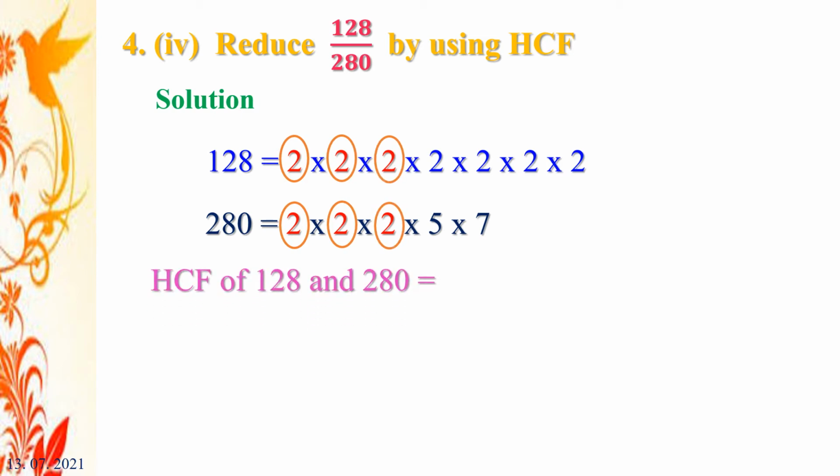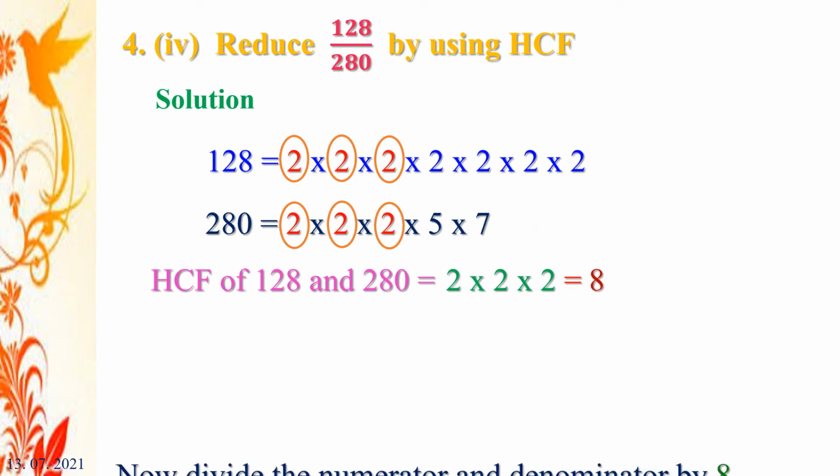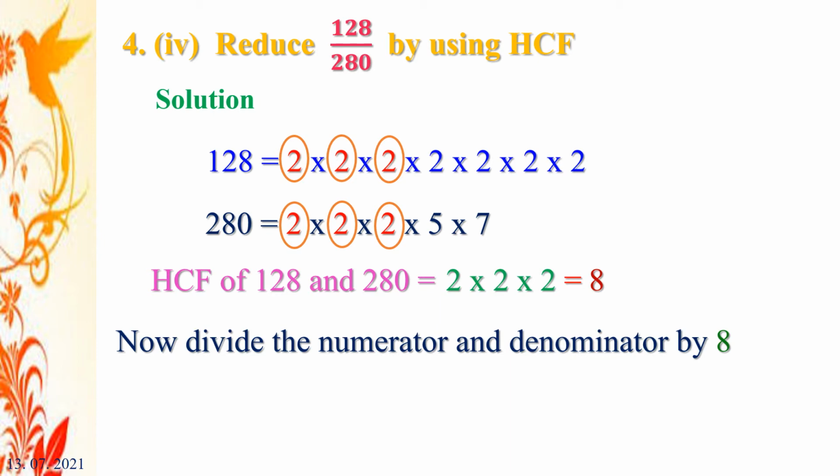Now HCF of 128 and 280 equal to, multiply the common factors, we will get HCF. That means 2 multiplied with 2 multiplied with 2 will get 8. Now we are going to divide the numerator and the denominator by 8. That means write 128 divided by 280, then divide the numerator and the denominator by 8. We'll get 16 by 35.